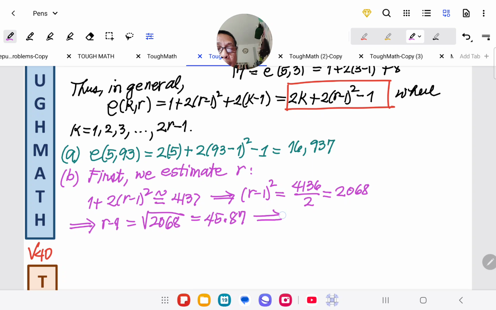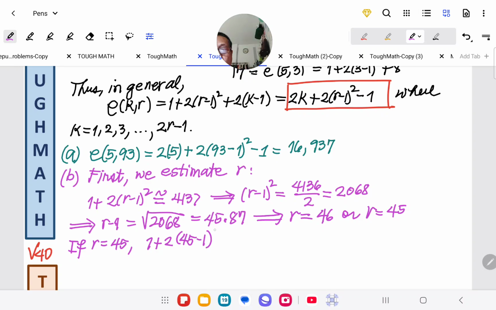Therefore, R is either 46 or R is 45. If we use 45, we have 1 plus 2 times (45 minus 1) squared equals 3873.